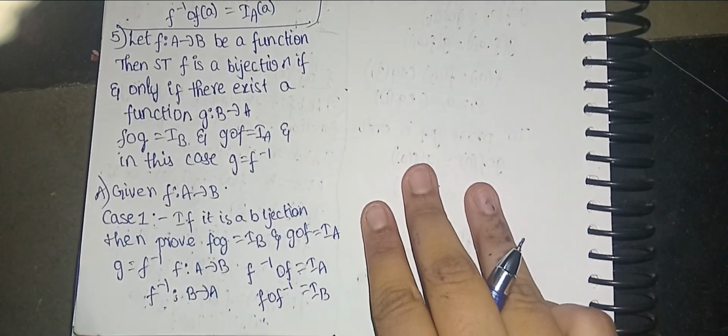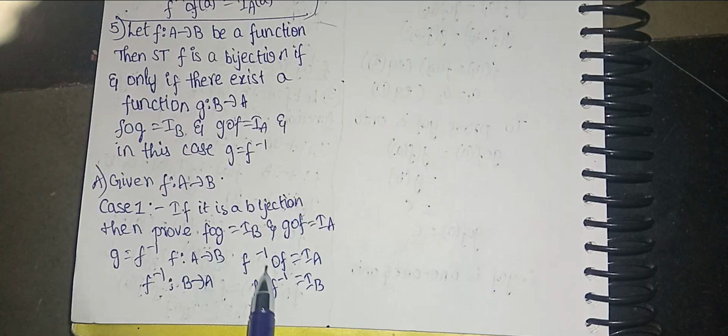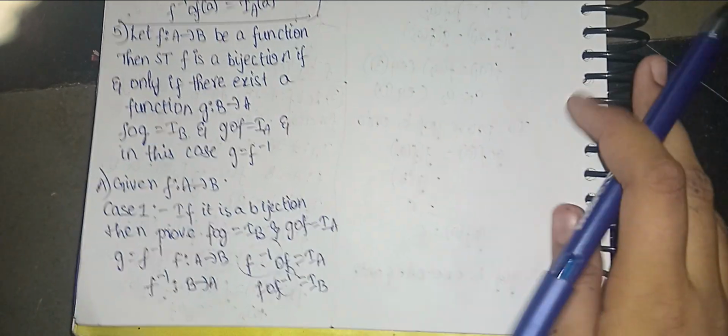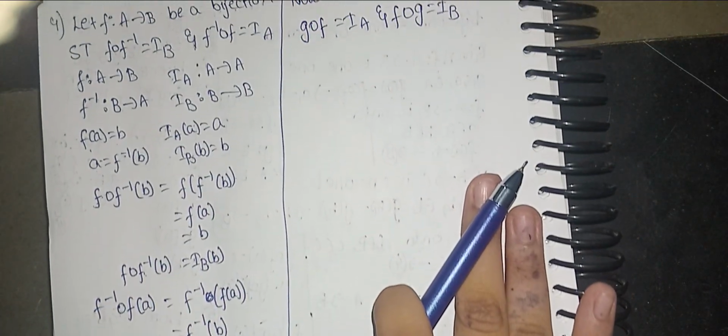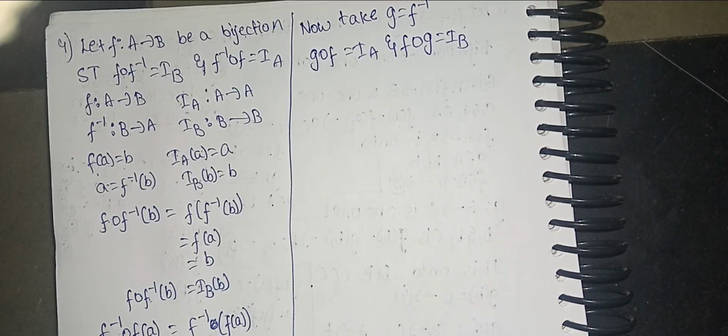We have to put g in the place of f inverse. We have just put g in the place of f inverse. Why? Because they gave it in the question.